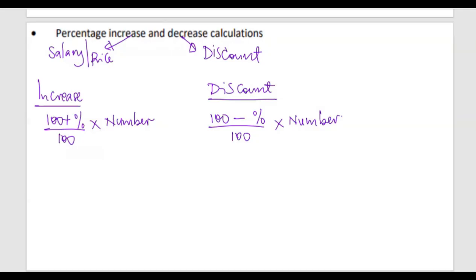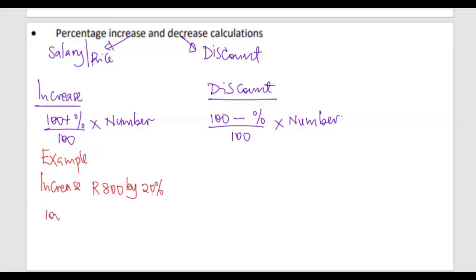We shall do an example here. Increase 800 by 20%. So what did we say?